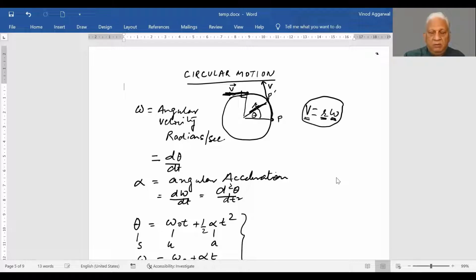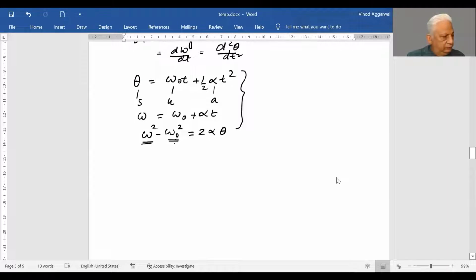Omega is the angular velocity at that time. So we can see V is equal to R omega. This is the angular velocity. This is the linear velocity.